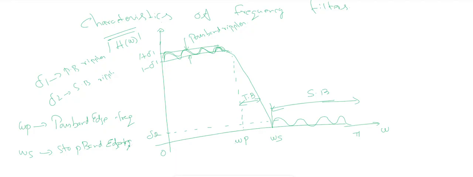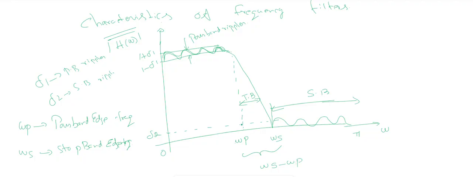The width of the transition band is omega s minus omega p.